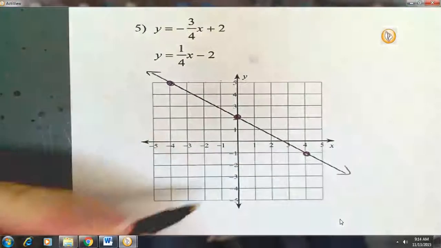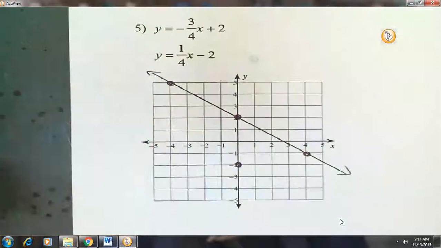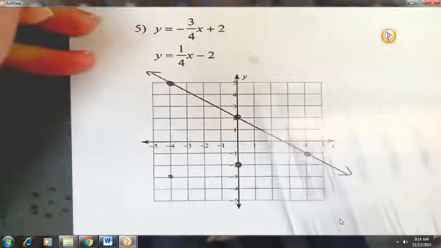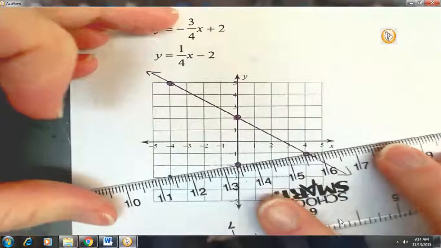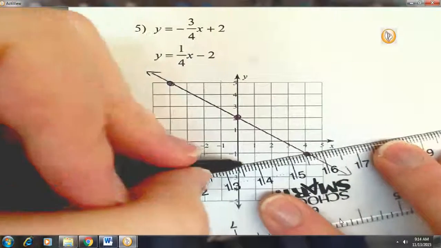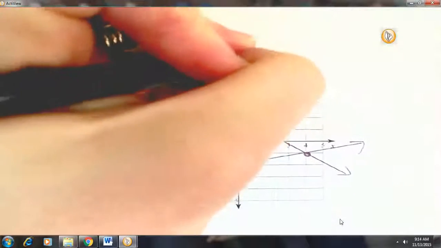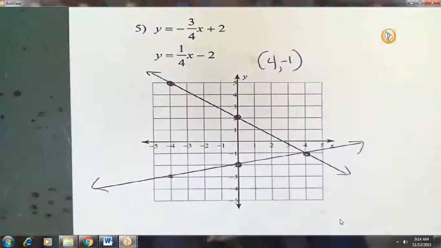The second equation has a y-intercept of -2 and a slope of 1/4. Rise 1 and run 4, or go down 1 and left 4. Looks like these two lines intersect at 4, -1.